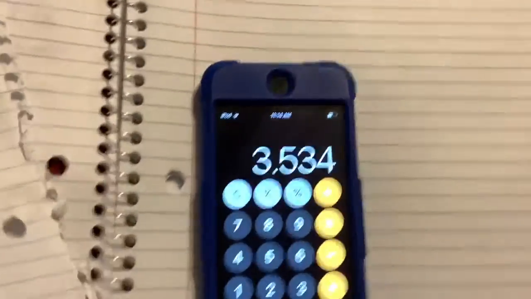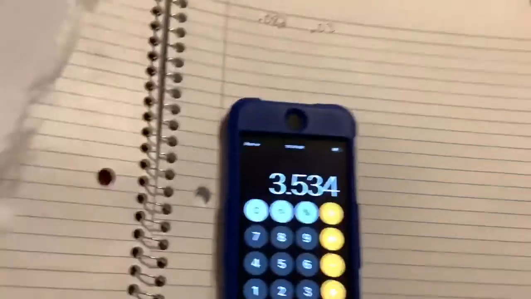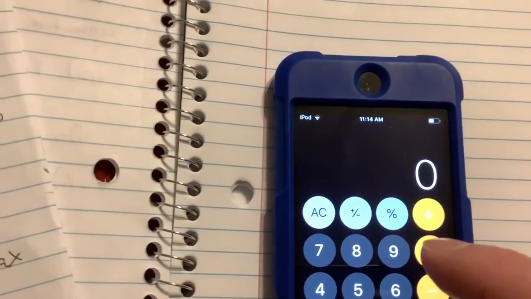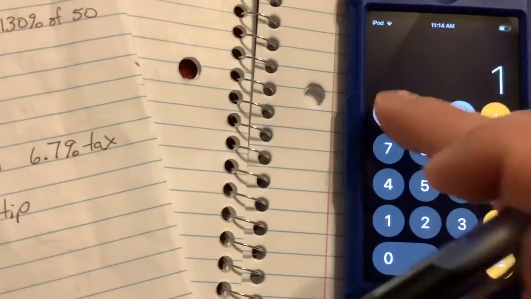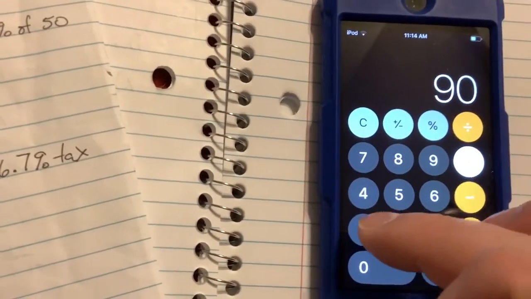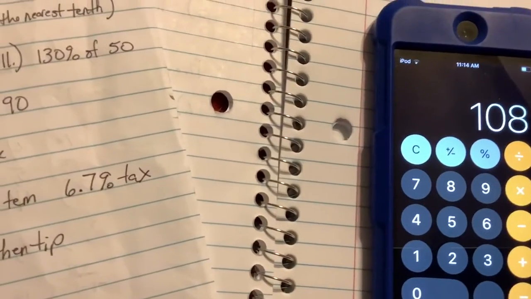Rounded to the nearest tenth would have been 3.5. Okay, 120% of 90. That's number 13. So 90 times 1.2. You get 108.